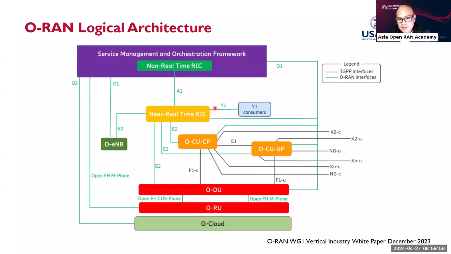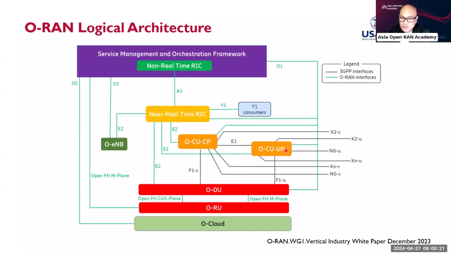And then we also have this near-real-time RIC. That handles the processes or services of less than 1 second. So just to push down all the policies from the SMO going to the E2 nodes, such as the CU, the distributed unit, and the radio unit. Now the CU and the DU, previously we called it the baseband unit.